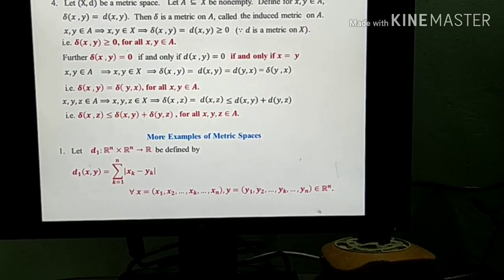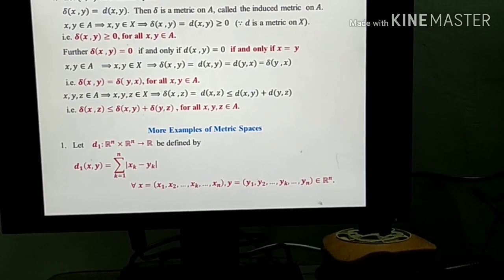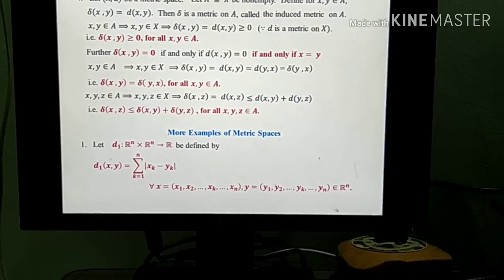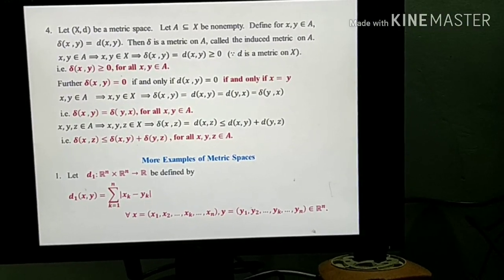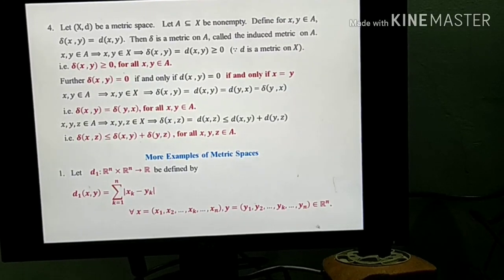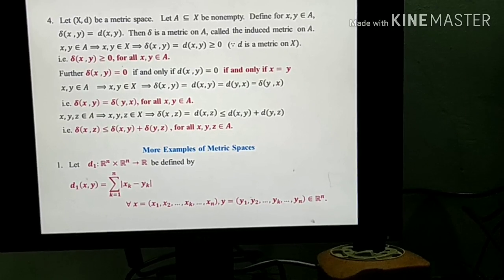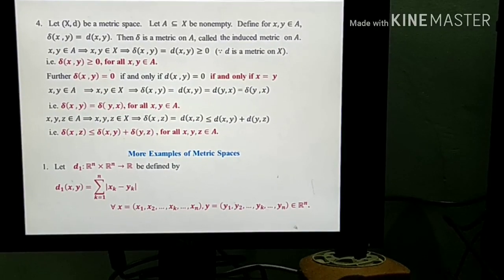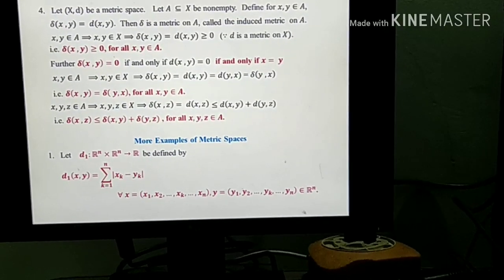For the fourth property, we have to just use the idea of absolute value metric on set of real numbers and go through that idea, and we will get d1 xz is less than or equal to d1 xy plus d1 yz for all the n tuples x, y and z in Rn. Therefore d1 satisfies all the properties, and therefore it is a metric on Rn.